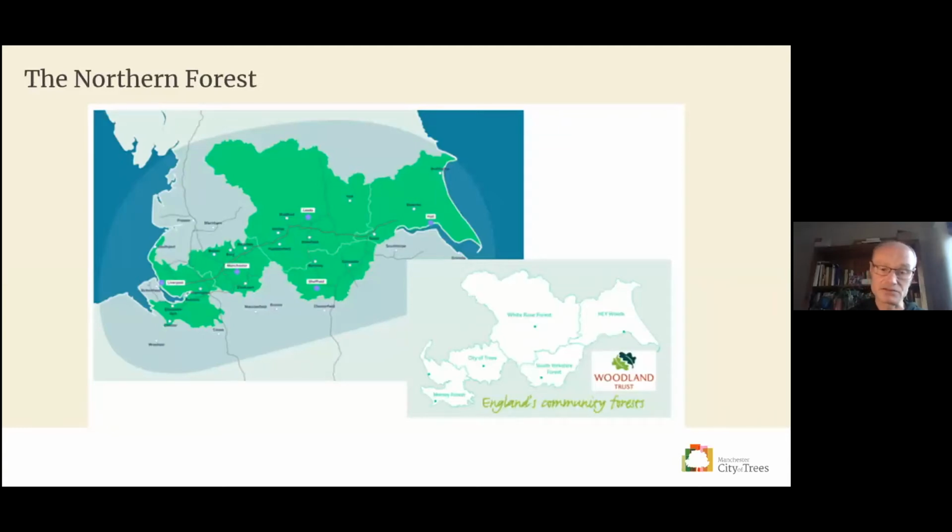And the project partners are community forests in Haywoods area in the east, White Rose Forest in Yorkshire, City of Trees in Greater Manchester, and then Mersey Forest in Mersey area and Cheshire East and Cheshire West. And the other partner in this project is the Woodland Trust. So it's a very, very big project, lots of work to do, but we're already delivering some great projects.